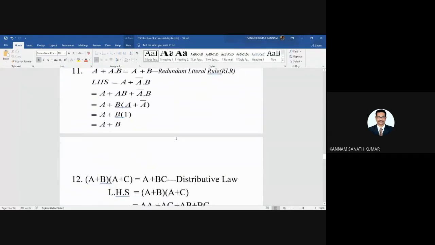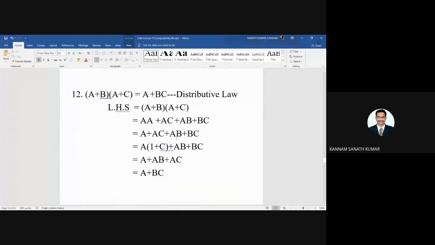A plus B. Okay, and the distributive law, A plus B into A plus C equal to A plus BC. This is the distributive law. So if you have to take the LHS, A plus B into A plus C, so you have to multiply. So A into A, A into C, A into B, and B into C. Okay.